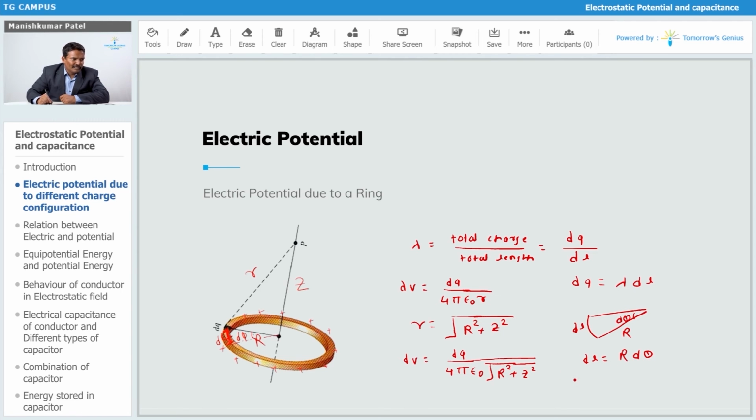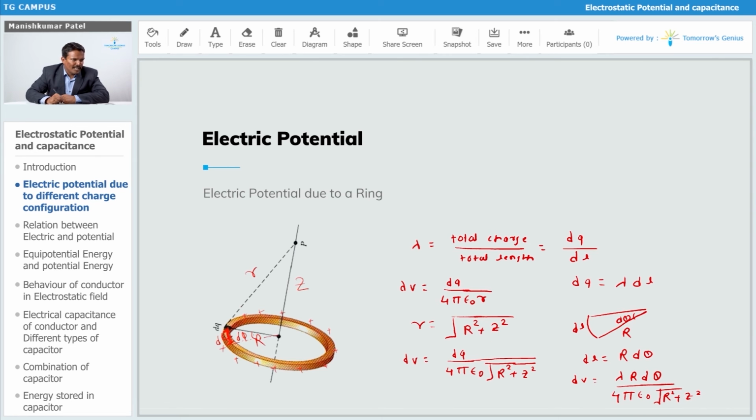Further this will get simplified. You can write dV equals dq, and that dq is lambda R d theta, upon the same, 4 pi epsilon naught square root of R squared plus z squared.